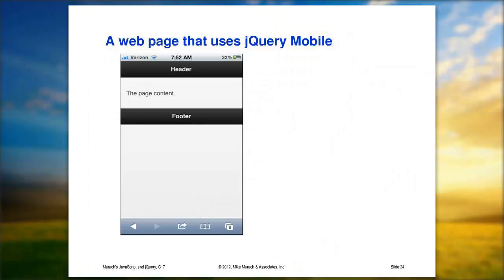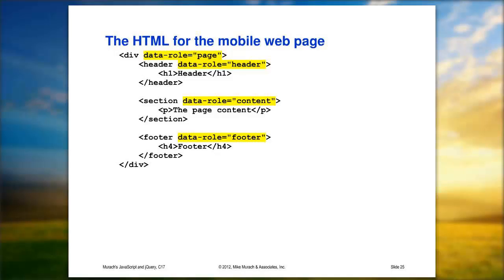All right, so here again is a little bit of a layout of a web page using jQuery Mobile with a header, a content section, and a footer. And here we see the code. Most importantly, data-role equals page identifies everything inside that opening and closing div as the page. And notice in the first slide I was showing you we were all divs.